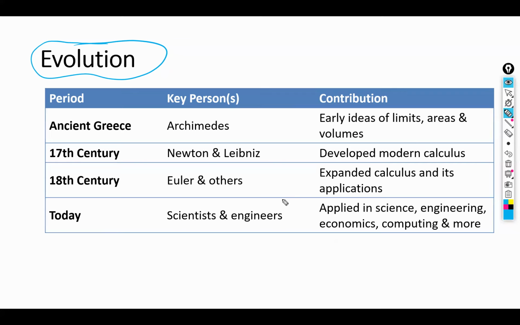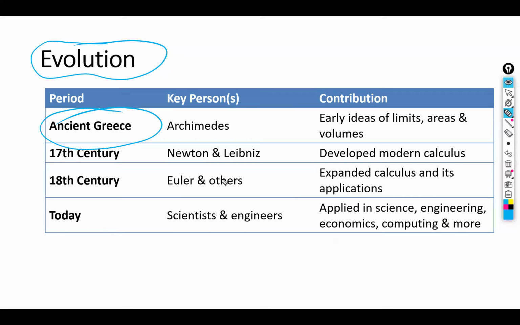First, it was understood and documented in ancient Greece by mathematicians like Archimedes. The time of Archimedes is even before Pythagoras, I think. This is about 2,000 to 2,500 years ago.